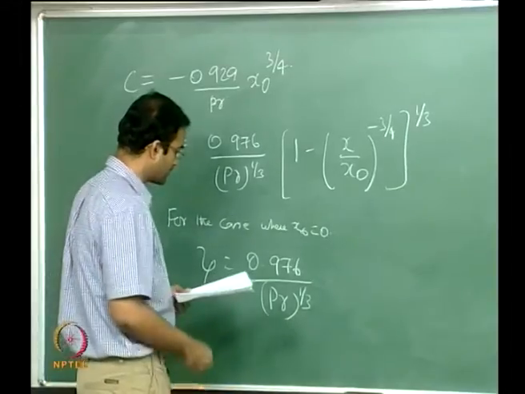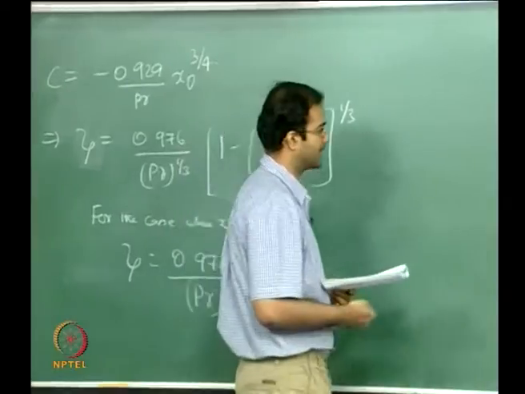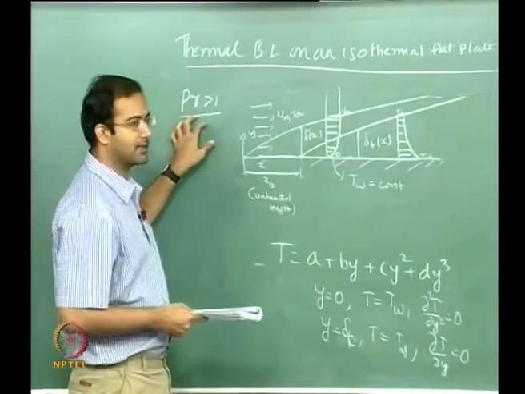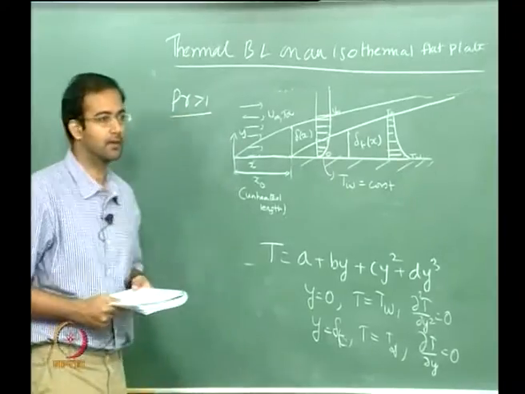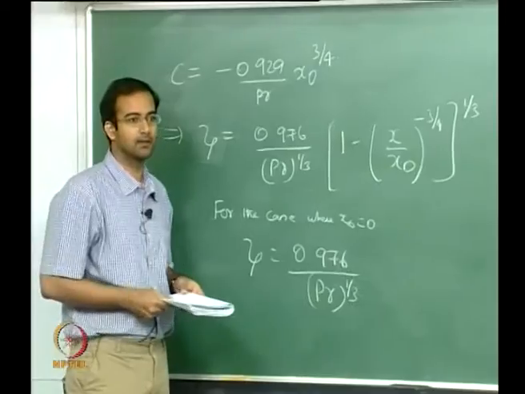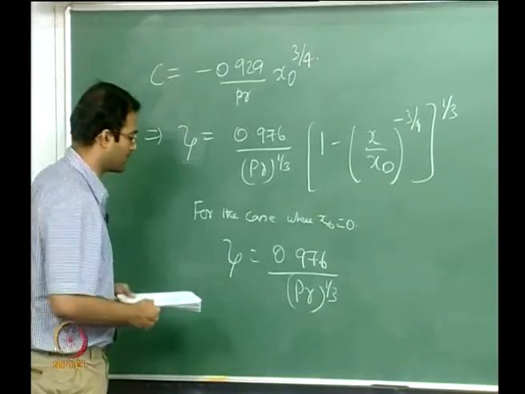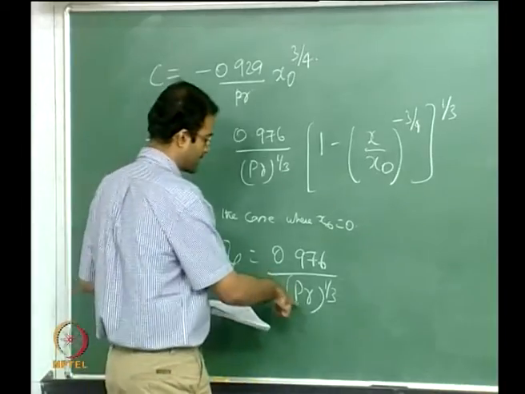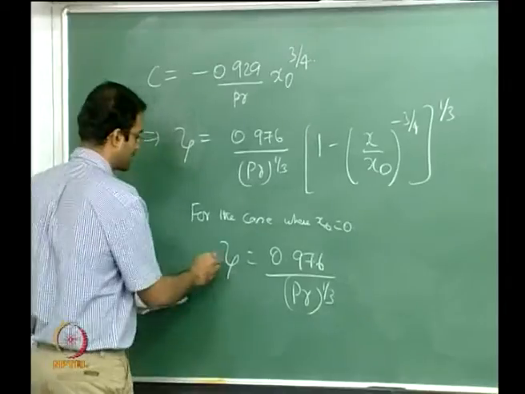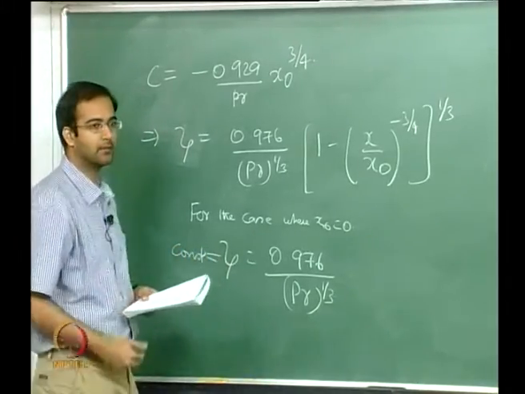Also for the case where there is no unheated length, and it is heated right from the beginning, for a given Prandtl number, the ratio of delta T by delta will be constant, because Prandtl number is a constant. Therefore you can see from this expression, for a given Prandtl number, the zeta will be actually a constant, if you don't have an unheated length.